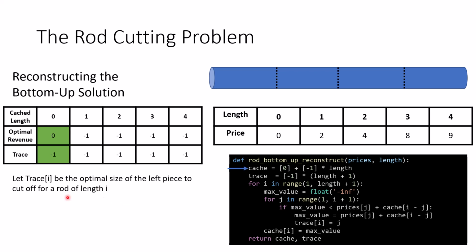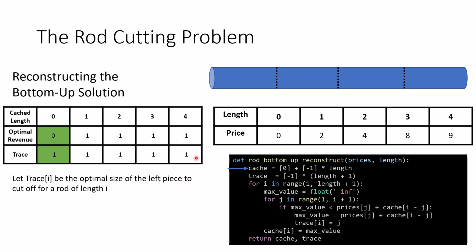So if we were to have a rod of length 4, then this element here, trace of 4, is going to tell us what should be the length of the piece to the left of it, and that'll tell us where to cut the rod.